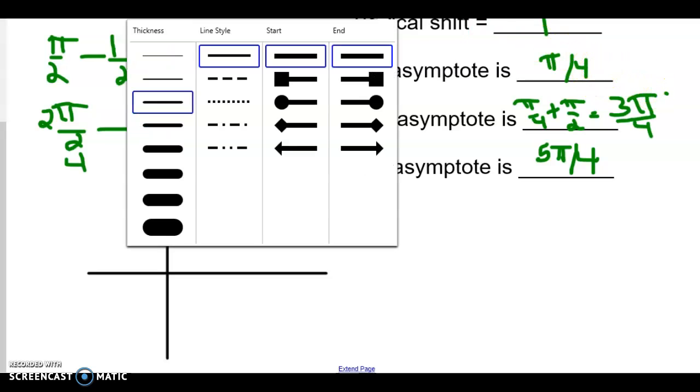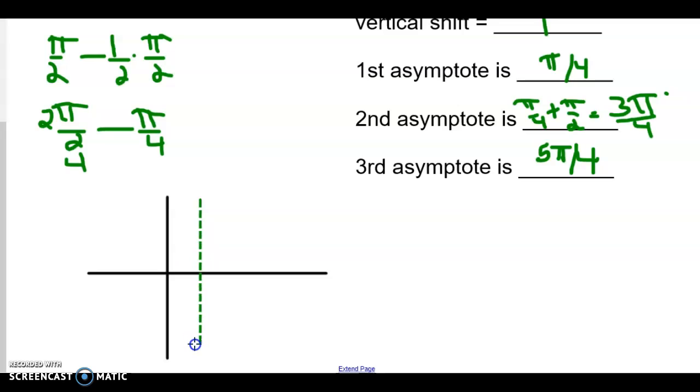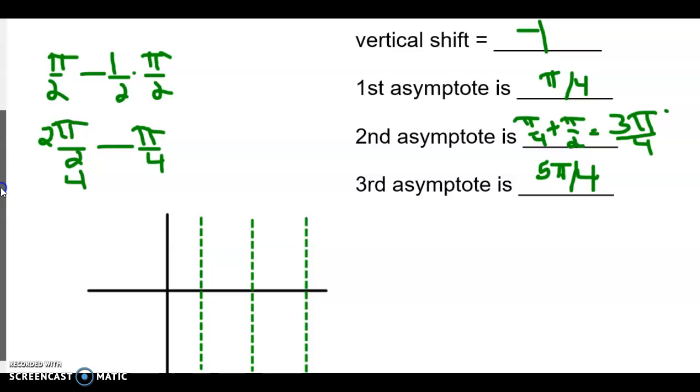Going to have a dotted line at pi over 4. Then a dotted line at 3 pi over 4. And a dotted line at 5 pi over 4. The vertical shift is at -1. So I've got to have a dotted line down here.